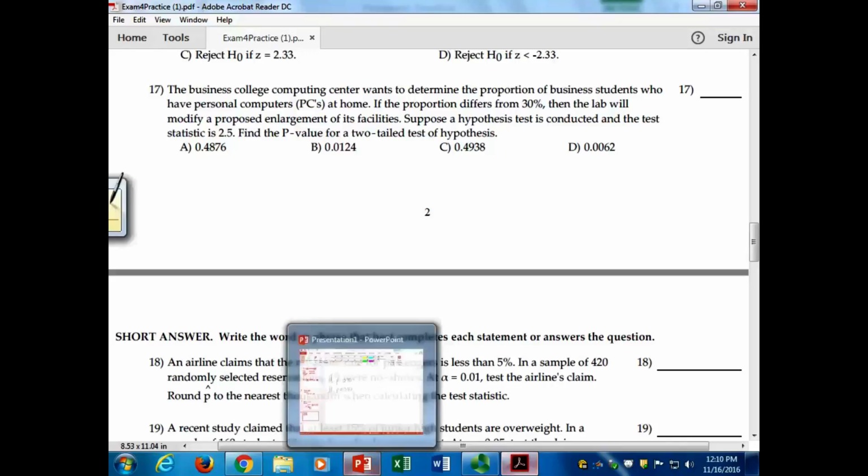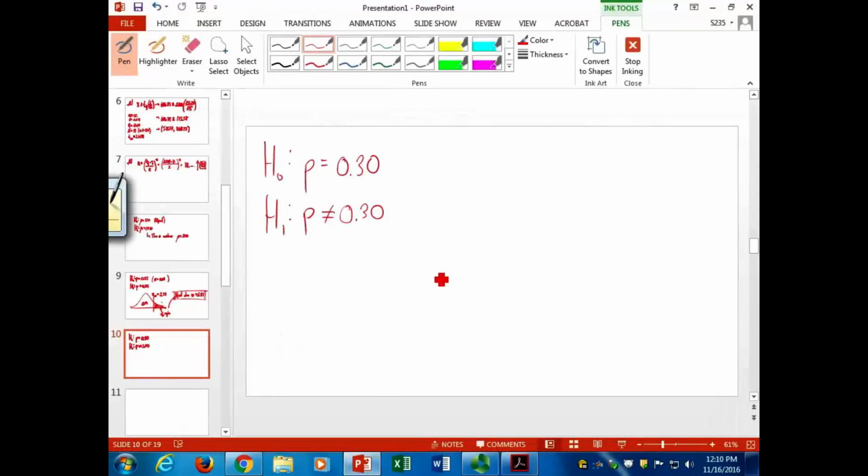So the way we conduct a two-tailed test, remember, in a two-tailed test, the rejection region is on both sides, right? So you have to halve your alpha level to go on either side.